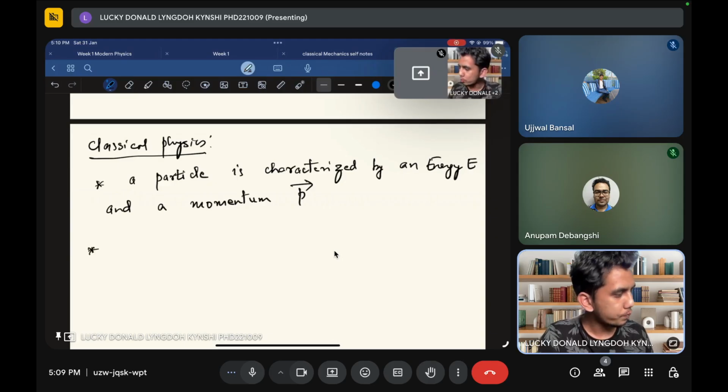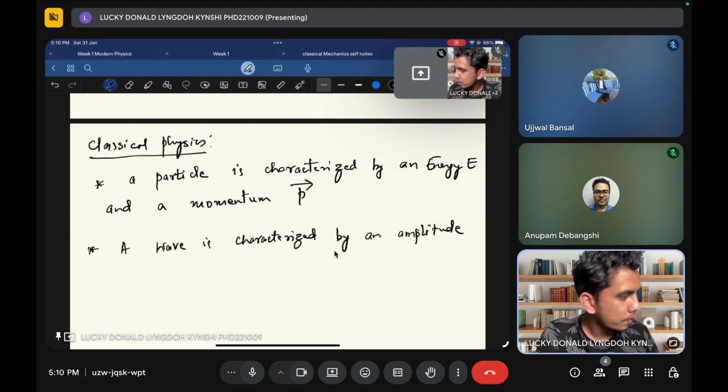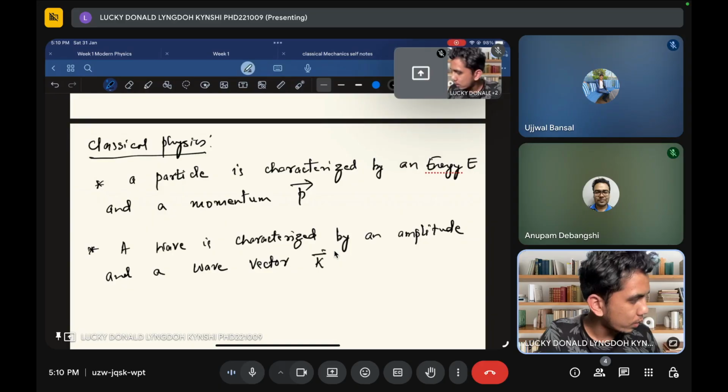Second point, suppose you have a wave, any wave. How do you describe a wave? A wave is characterized by an amplitude and a wave vector, let's say the k vector, which is equal to 2 pi by lambda.